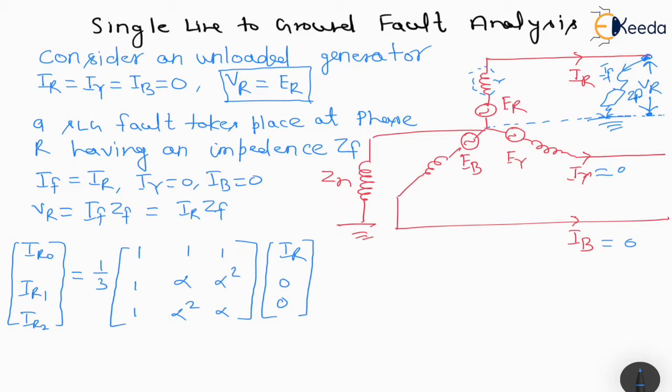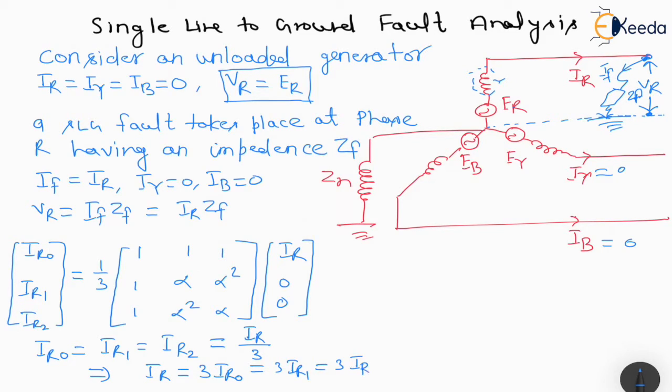From here we can write the value of IR0 is equal to the value of IR1 is equal to the value of IR2 is equal to directly IR by 3. Means we can say that the value of IR is equal to 3 times IR0 is equal to 3 times IR1 is equal to 3 times IR2, or we can also say that the IF value is equal to 3 times IR1.